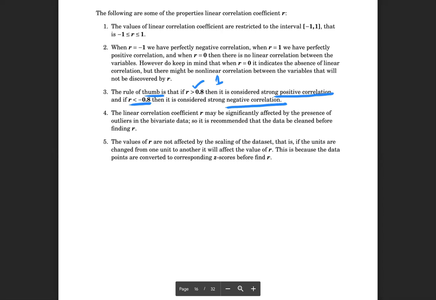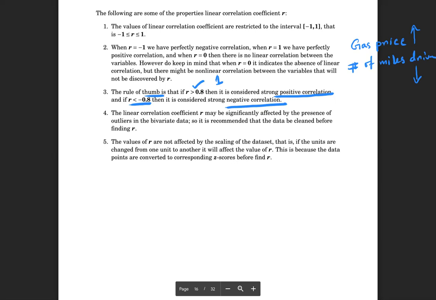Think of negative correlation. One good example is gas price and number of miles driven. If the gas price goes up, what happens to the number of miles you drive? It goes down. So it is negative correlation.